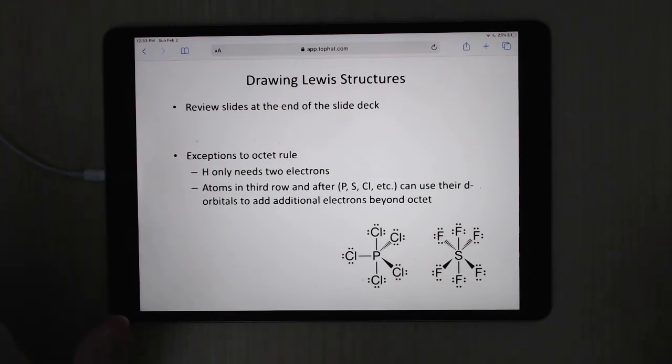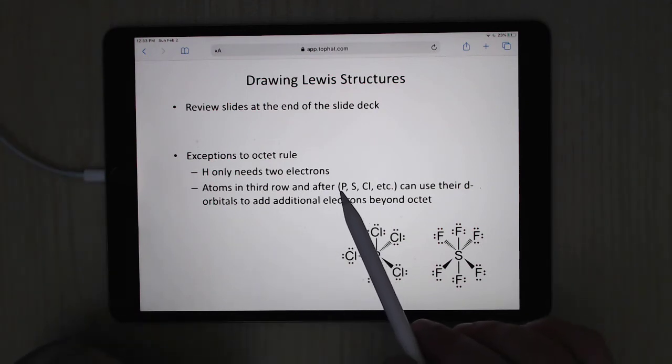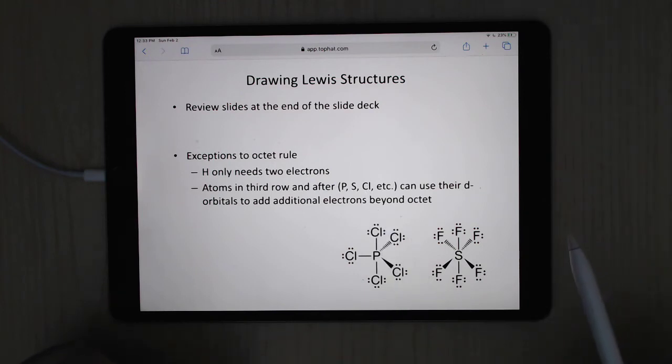Now, do note that there are a couple of times where we can violate the octet, and this is typically the third row elements: phosphorus, sulfur, and chlorine. Those are the biggies that we have to deal with, sometimes bromine. What happens is they can start dumping electrons into the 3d orbital, and so they can violate it. But carbon, nitrogen, oxygen, fluorine, boron, they cannot.